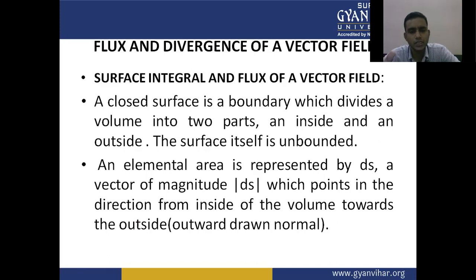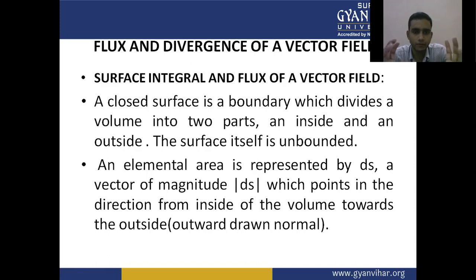The surface itself is unbounded. Means a closed surface is a boundary which divides the volume into two parts. One is inside and the second one is outside. The surface itself is unbounded.